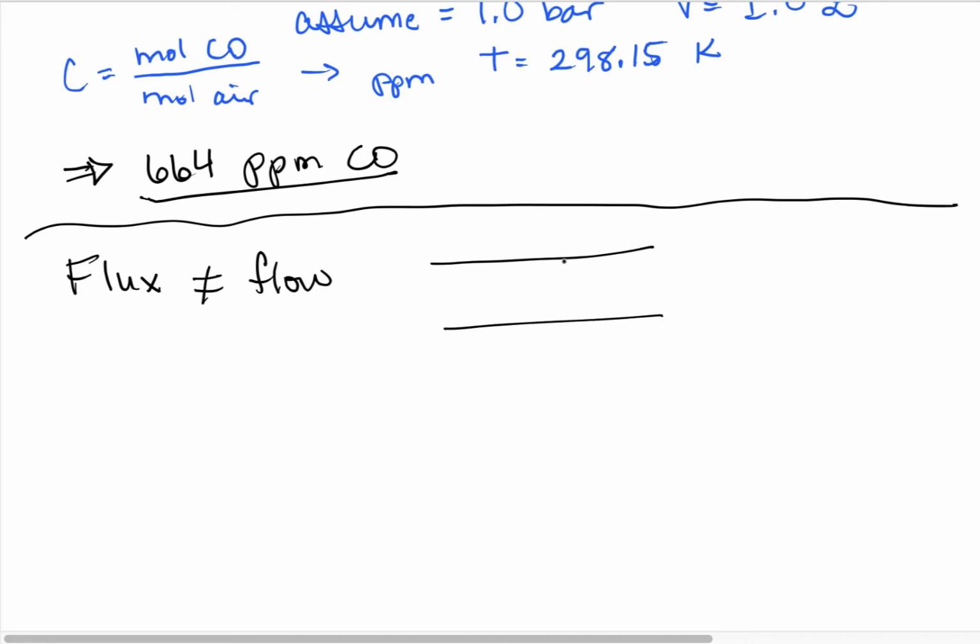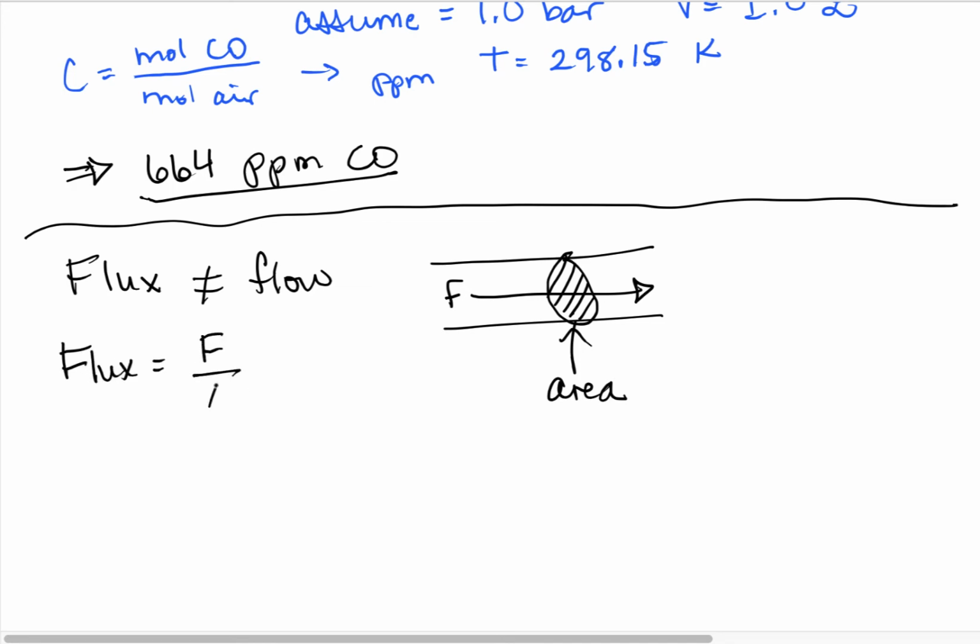Flux is not just looking at the amount of flow like we were looking at right here, but the amount of flow that goes through a particular area. So the units for flux are going to be flow per area, but effectively it is concentration times speed.